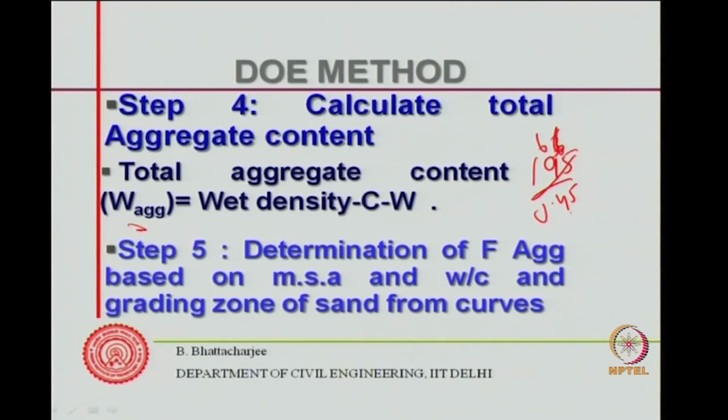So this would be 22 divided by 0.05, which is 2200 divided by 5, which will be 440.